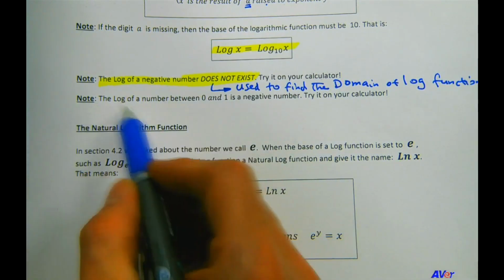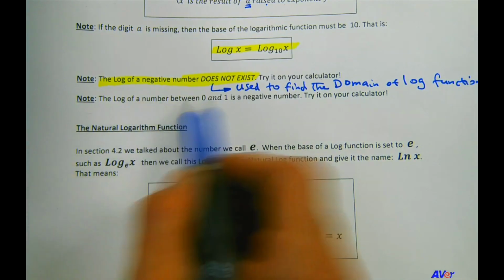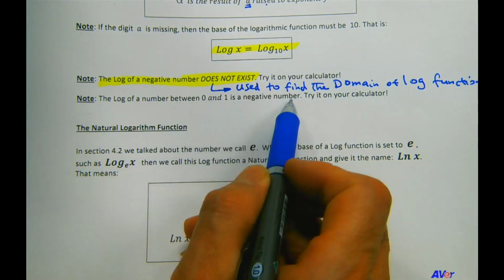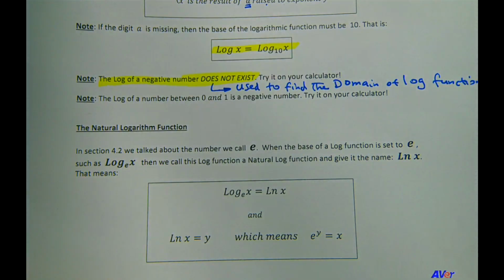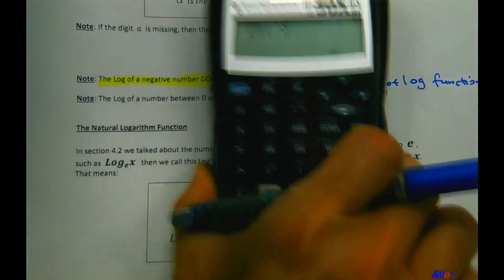Below it, I have this note that says the log of a number between 0 and 1 is a negative number. Try it on your calculator. We just said that the log or natural log of a negative number does not exist, but if you take the log or natural log of a positive number between 0 and 1, you'll get a negative number. How is that? Let's see.